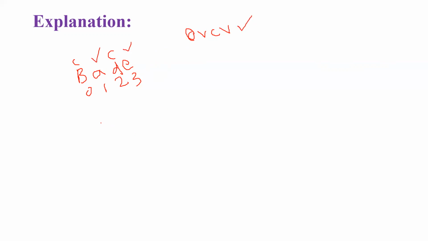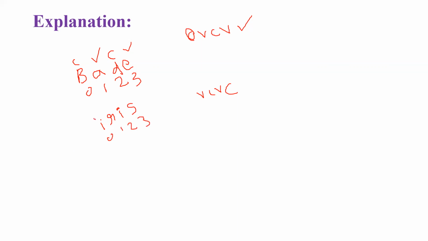Now let's take another example. See this example. The vowel consonant pattern I'm going to check here, which means all the even indexes must be vowel only.